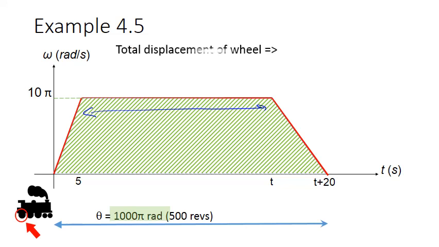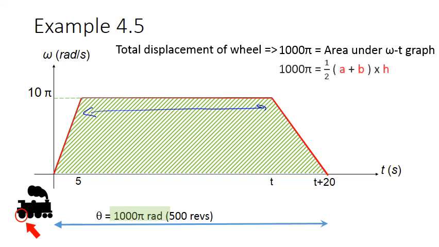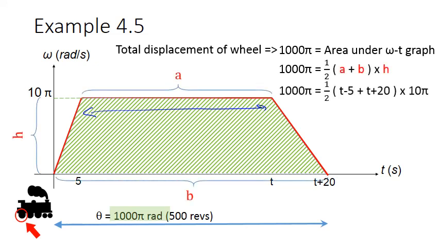So putting that down, total displacement of the wheel is equal to 1000 pi, which is equal to the area under the graph, which is the area of a trapezium. And just plugging in the values, A is equal to t minus 5, B is t plus 20, as shown in the time axis, times the height, which is 10 pi.